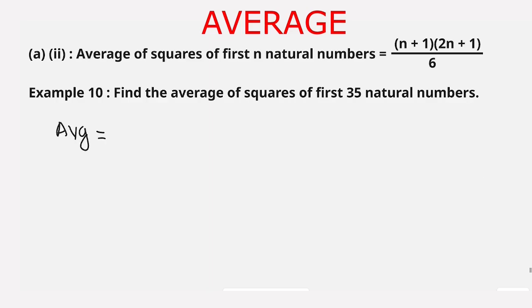So average equals, here n is 35. So n plus 1 will be 35 plus 1 multiplied by 2n plus 1.